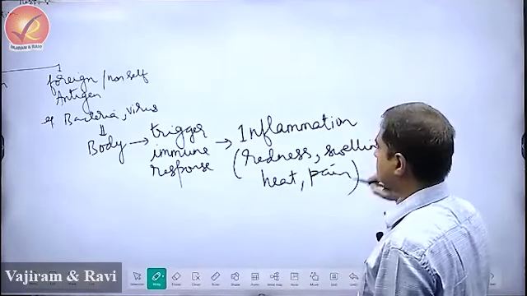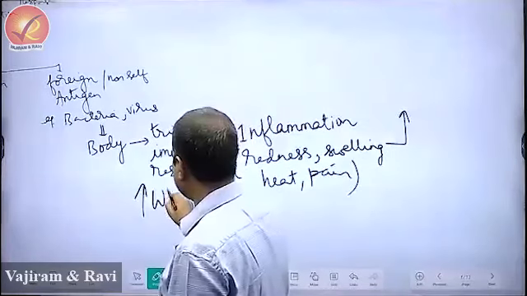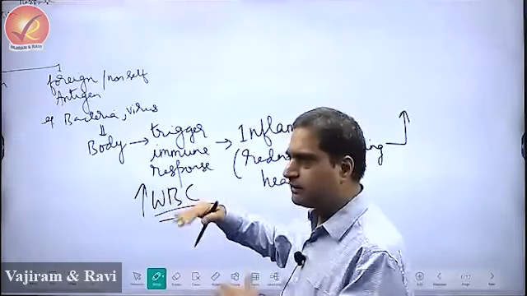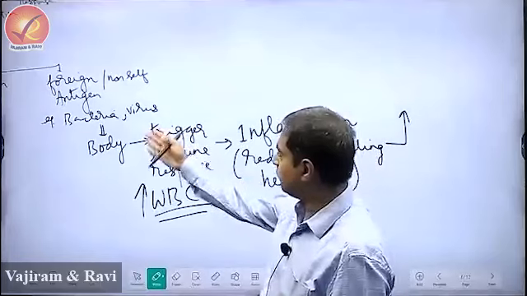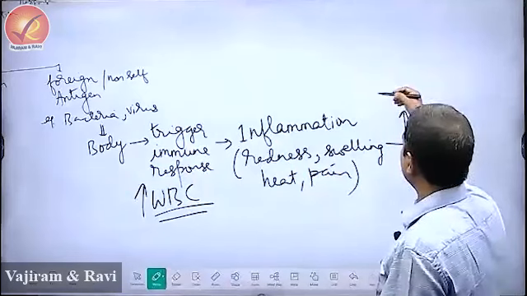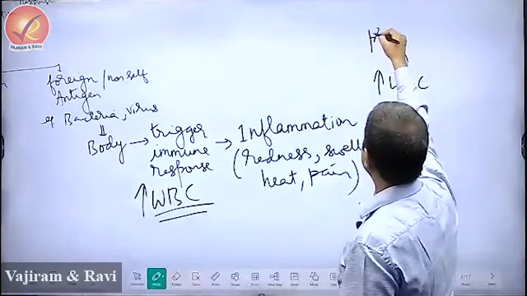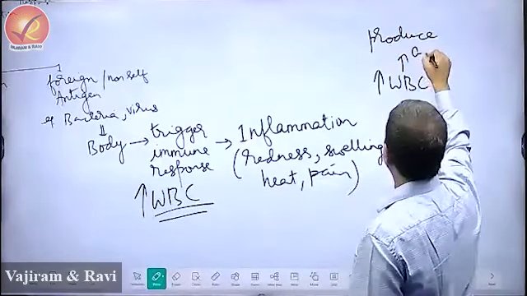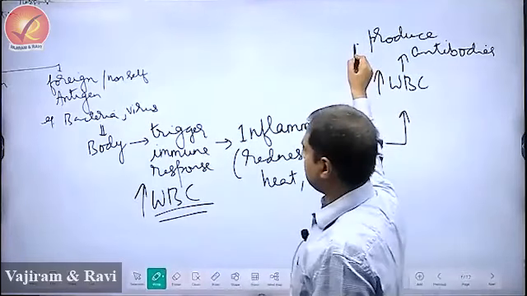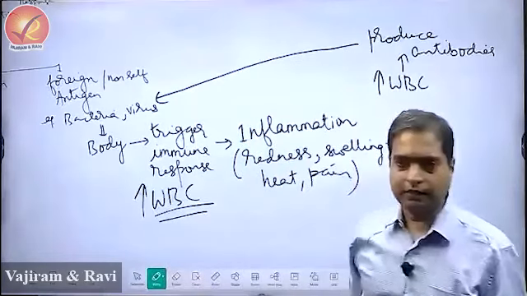Then gradually, trigger immune response means it is increasing the activity of white blood cells. Is it clear? The activity of white blood cells has increased to protect the body against the foreign antigen. Now this increased activity of white blood cells, they also produce later on the antibodies which will target the foreign pathogen, isn't it?